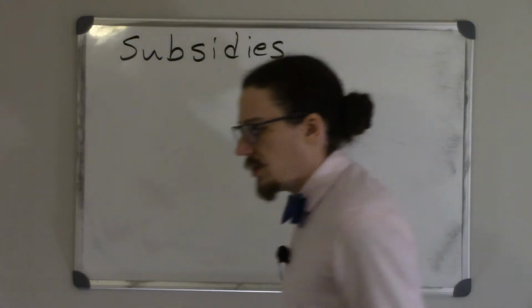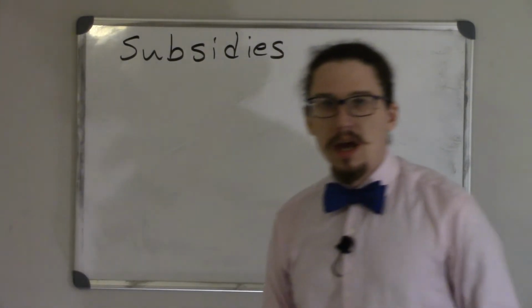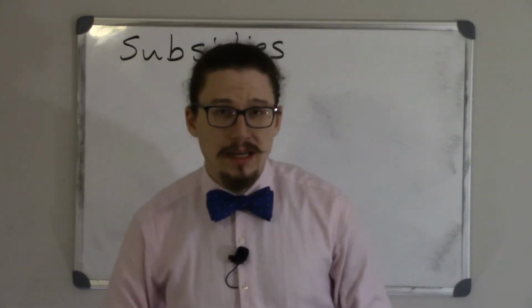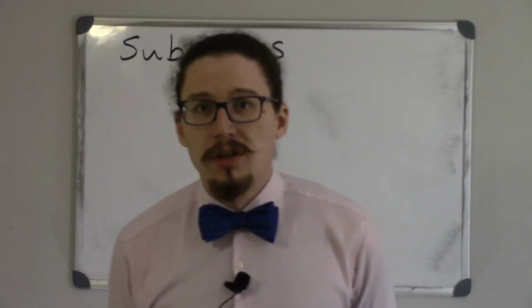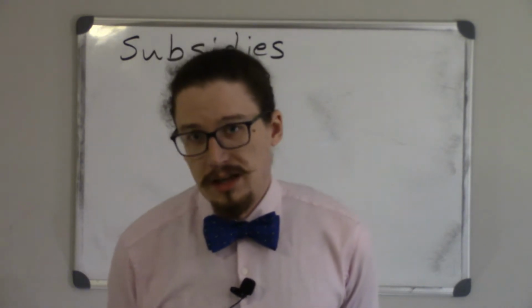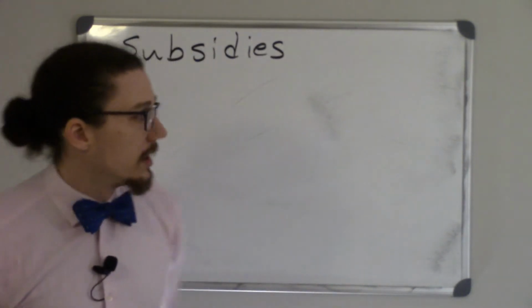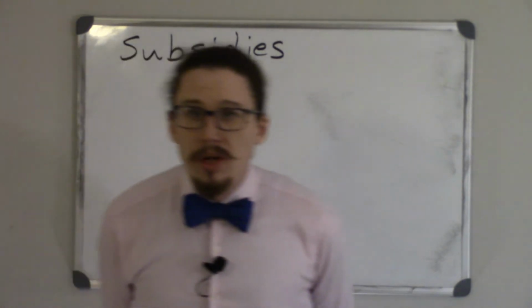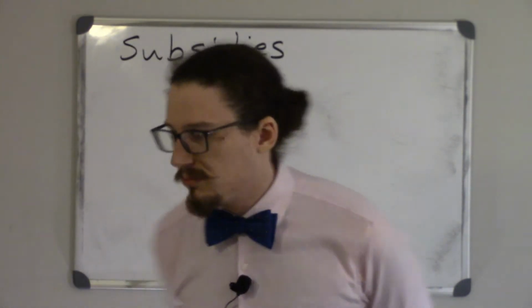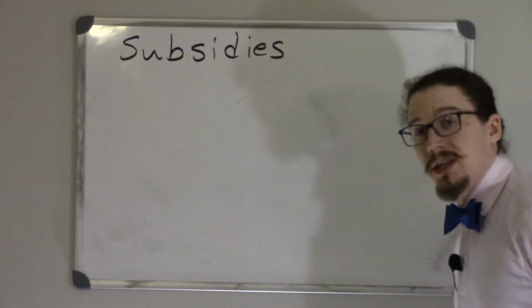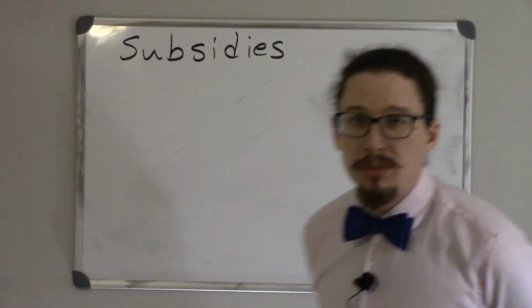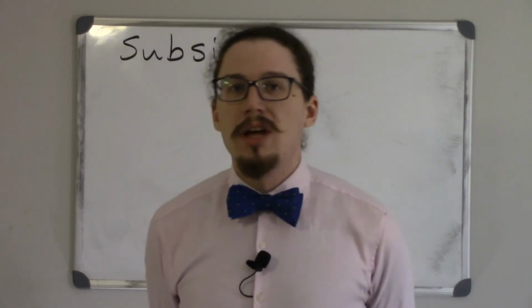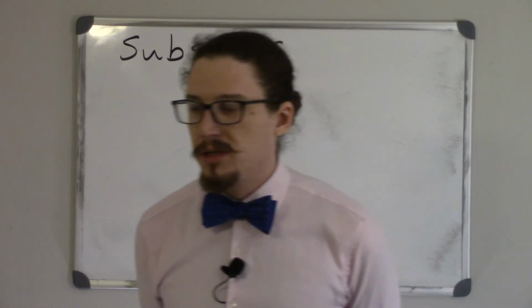All right, so for anyone who is not familiar with subsidies, they are essentially what I said at the beginning of this video. It's when the government gives you money to produce something. That's the most boiled down, straightforward definition. They are pretty common, depending on the industry you're in. For example, the agricultural industry has a lot of farm subsidies.